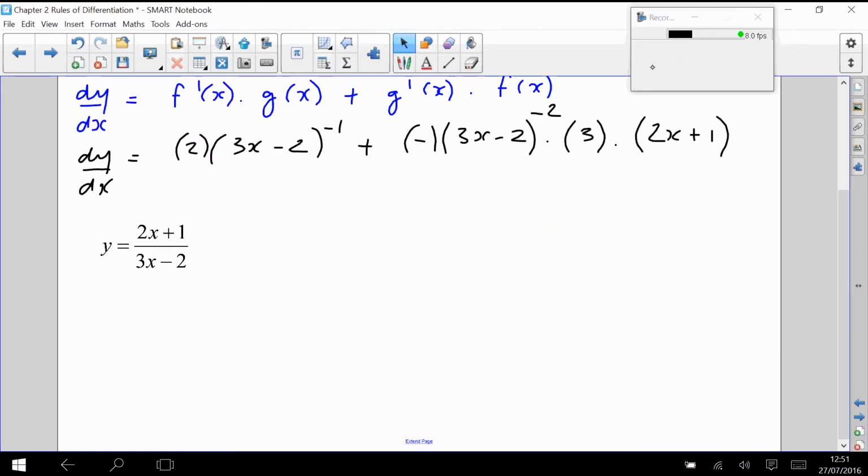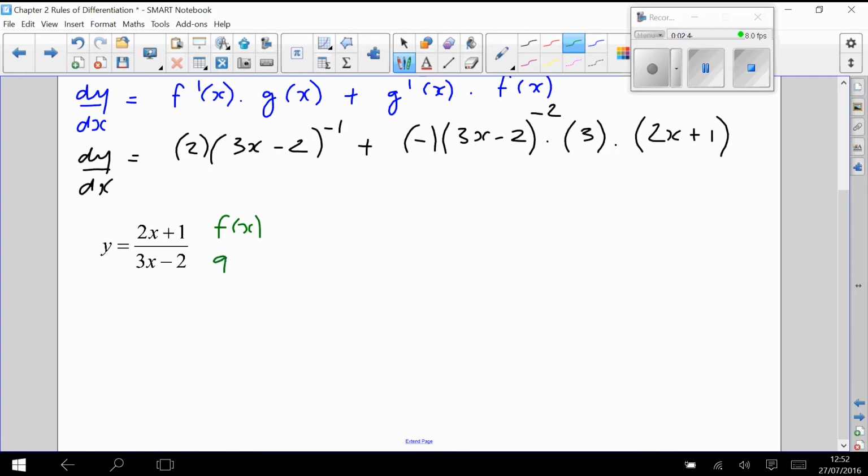For the quotient rule, I need to once again identify the two functions. The function that I have in my numerator, 2x plus 1, I'm going to call f of x. And the function that I have in my denominator, 3x minus 2, I'm going to call g of x. When I do the derivative of this function y, but using the quotient rule, I need to do the following. To find the derivative, I say, find the derivative of the top function, times it by the bottom function.